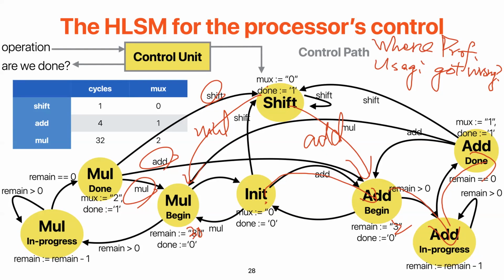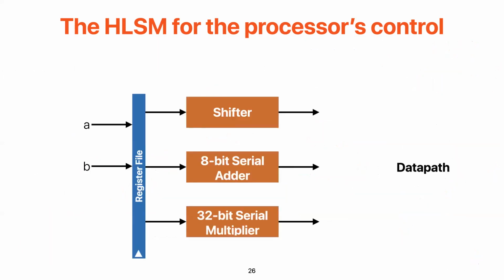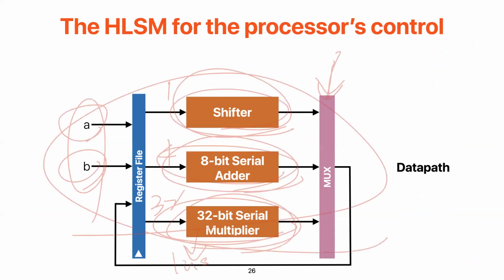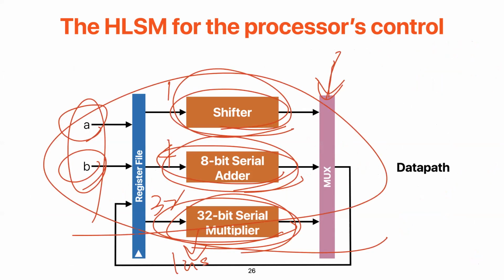Okay, so actually one more thing which I found this high-level state machine is not correct is that if you go back to our data path, right? One thing you will find is that we want the mux to update the register, because for the 8-bit serial adder, the 32-bit serial adder, we are not aggregating just once.